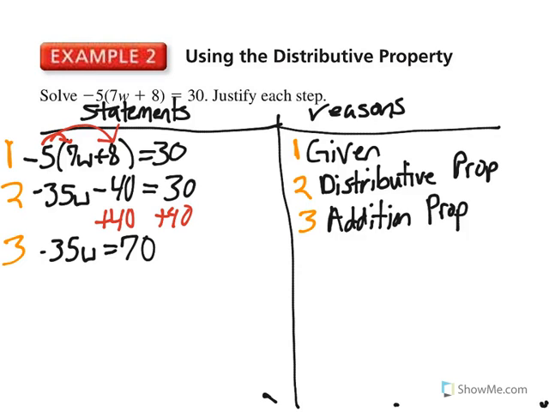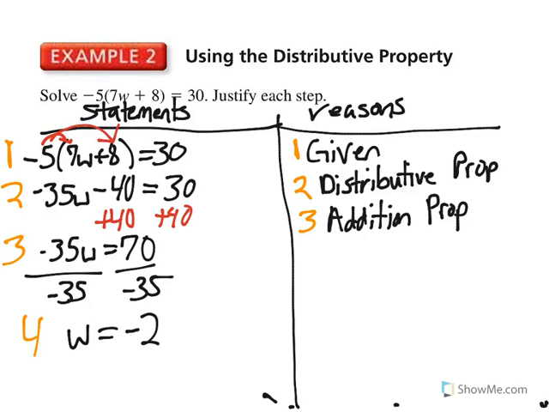I still don't have W by itself though, so I need to divide. So I'm going to be dividing by negative 35 to both sides. And so 70 divided by negative 35 gives me negative 2. This is my fourth statement. And so to have gotten to that step, what we did was we divided. So this would be division property. So that would be our statements and reasons. Once again, this whole thing is our answer.